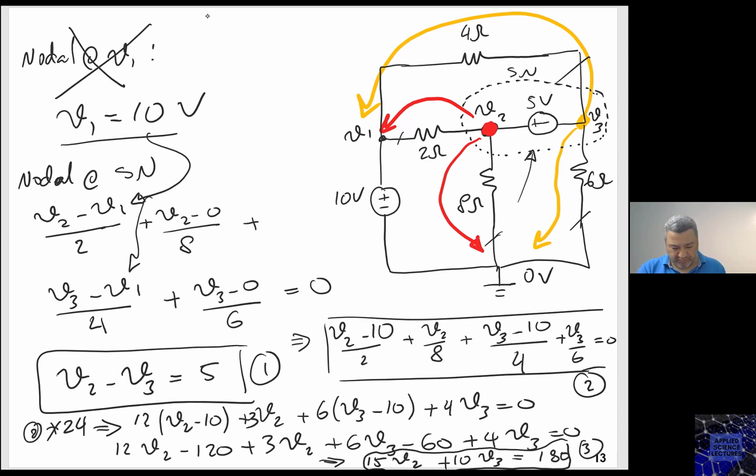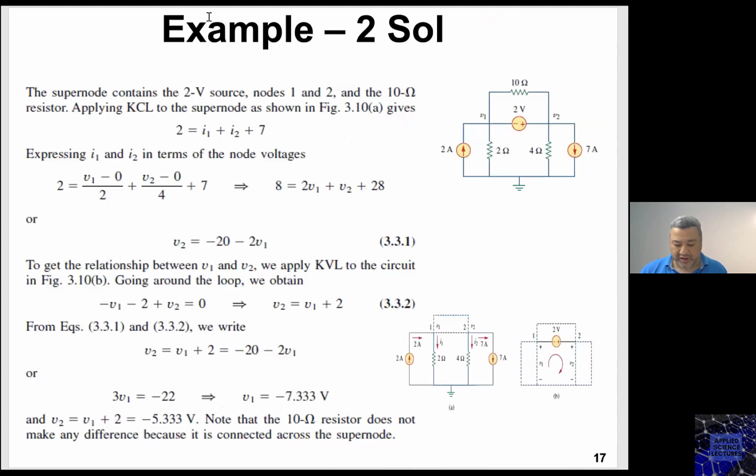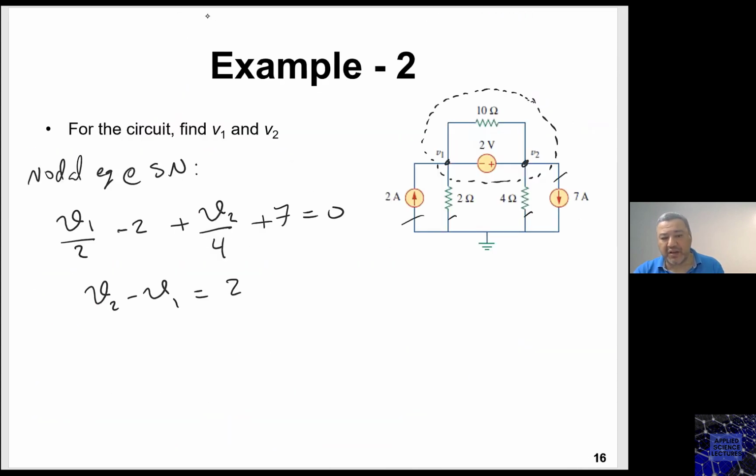So right here, that voltage source does not have any other element in parallel. However, if you look at this question, the supernode does have the 10 ohm connected in parallel with the voltage source. That's why I had that 10 ohm inside this supernode.